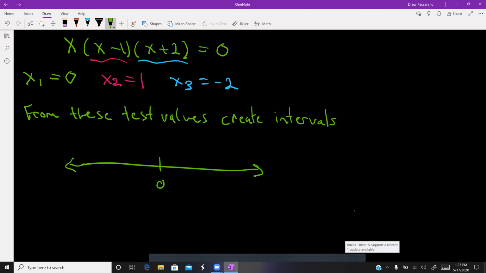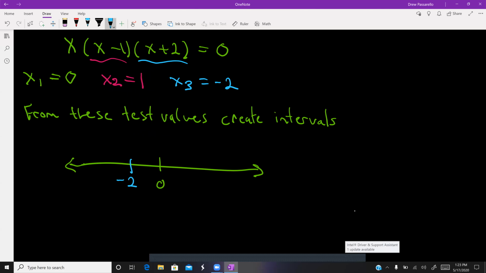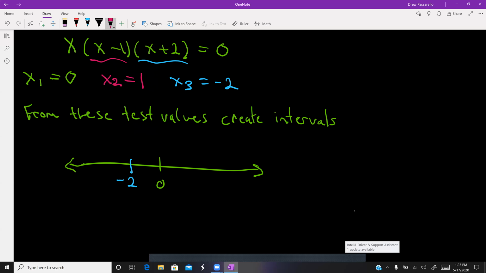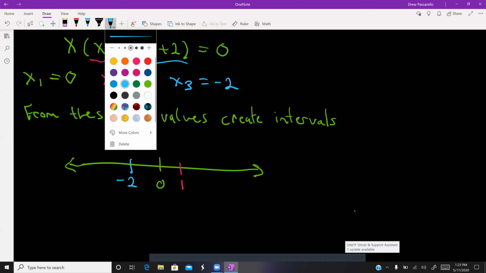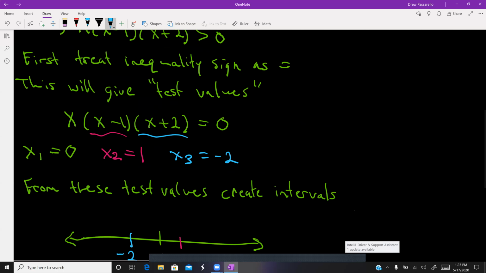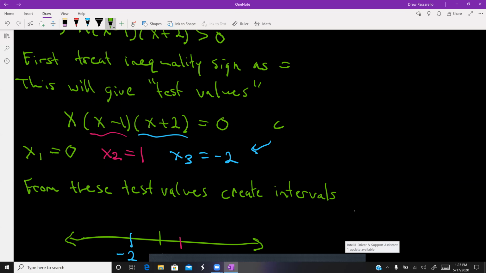So here's going to be negative 2, and 1 is to the right of 0, so that's going to be where my other test value is. And as far as the possible solutions as the intervals go, now keep in mind, you can't actually have these numbers be the solution to the problem. You can't.